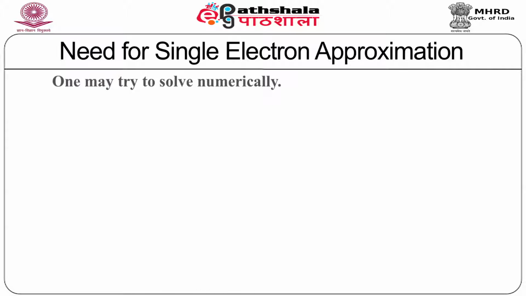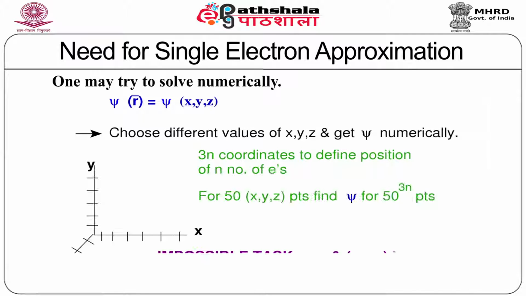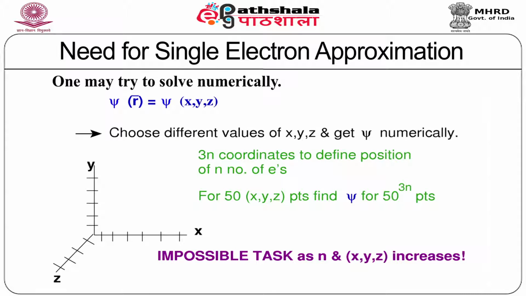One may try to solve it numerically by constructing a grid in real space and evaluating the wave function at each and every point. For example, one can choose different values of the real space coordinates x, y, z and evaluate psi numerically at these points.